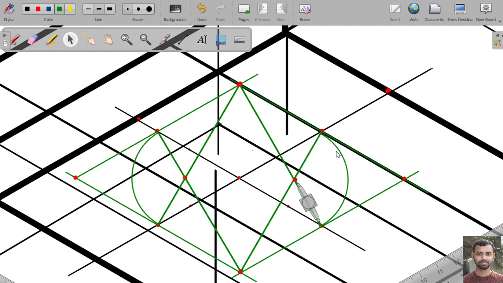Now the next part is, we will take this one as a center point.